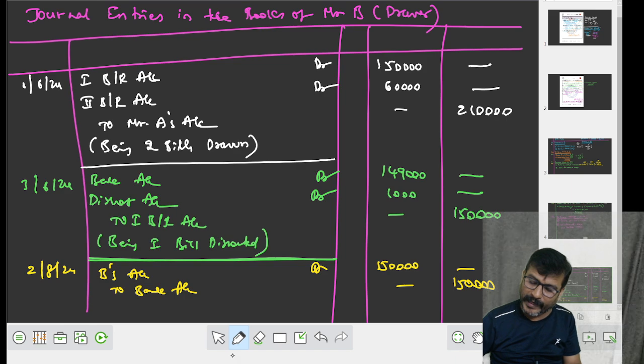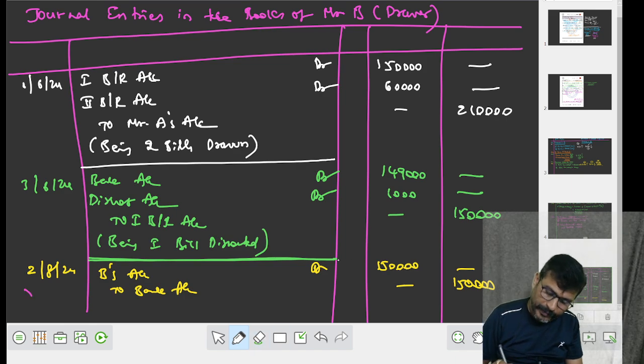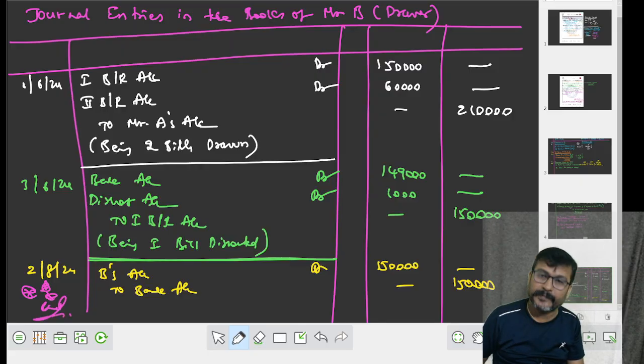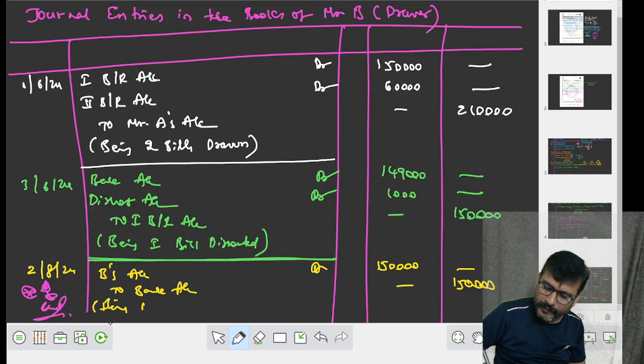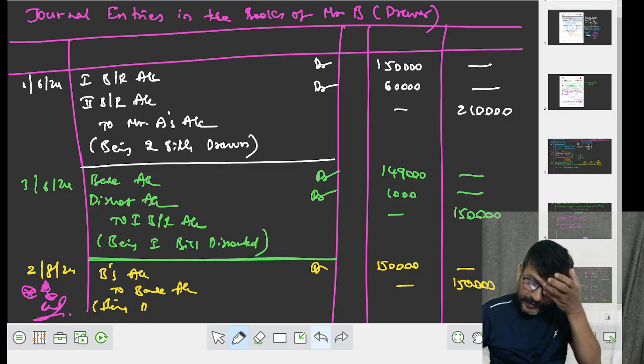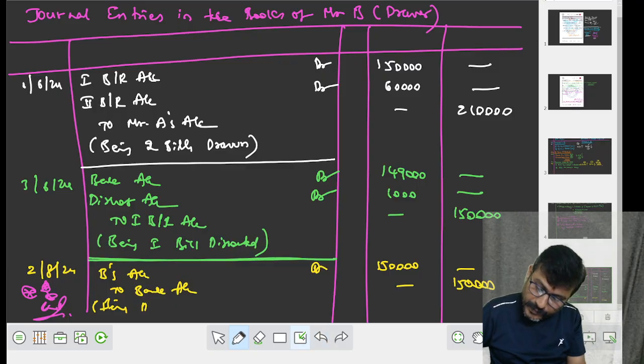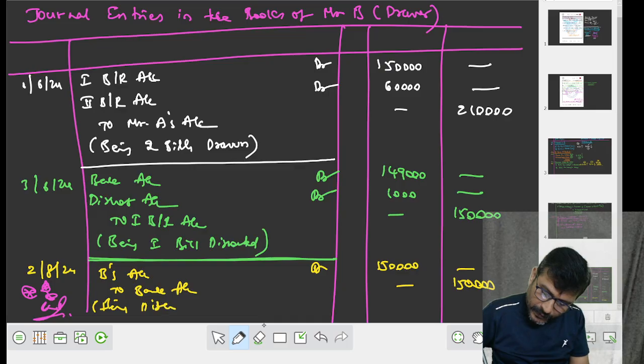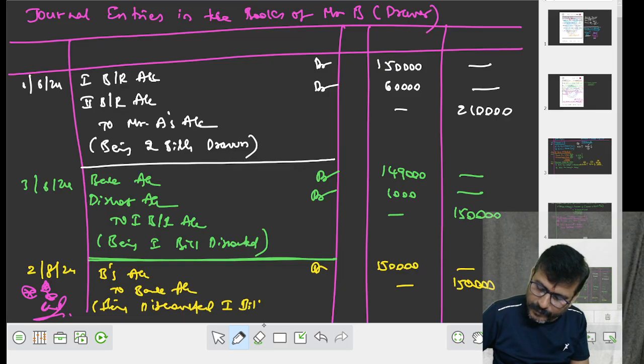We have to take 1,50,000. Please remember, this is a very very important point to be noted. Being discounted first bill cancelled.